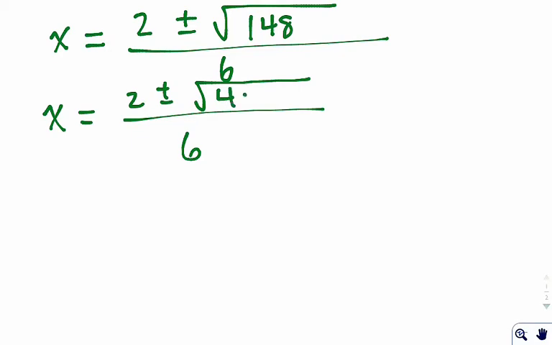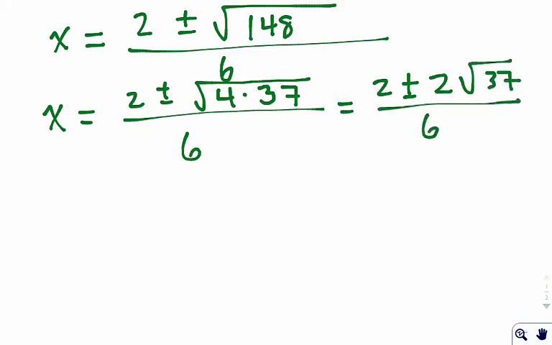I'm dividing 4 into 148, so 3, 12, 20. So I get 37. So 4 times 37 is 148. So this will simplify to 2 plus or minus 2 square root of 37 divided by 6.